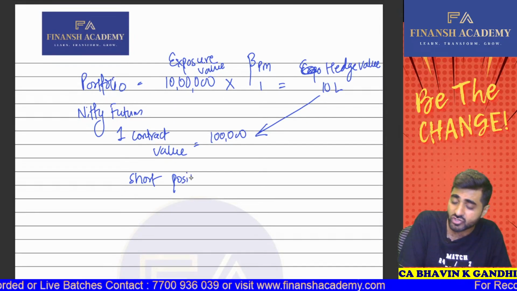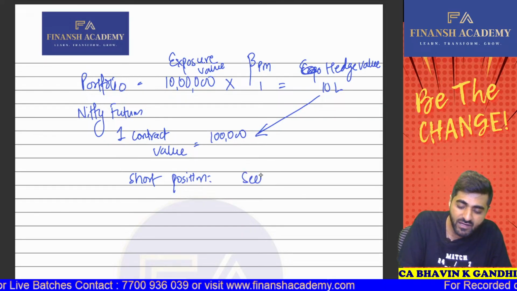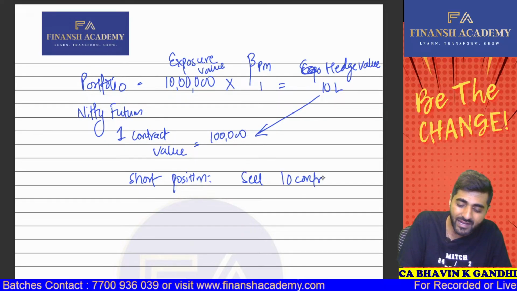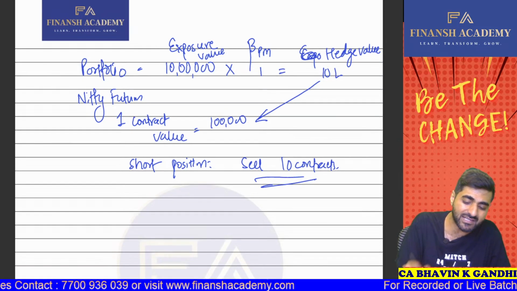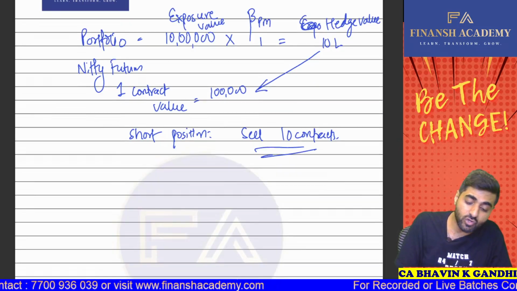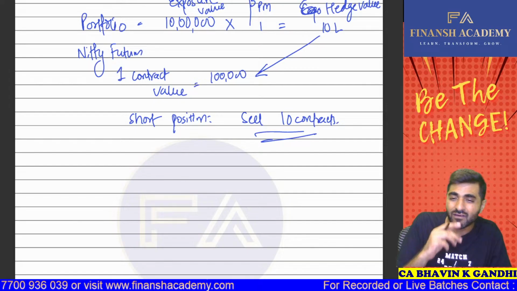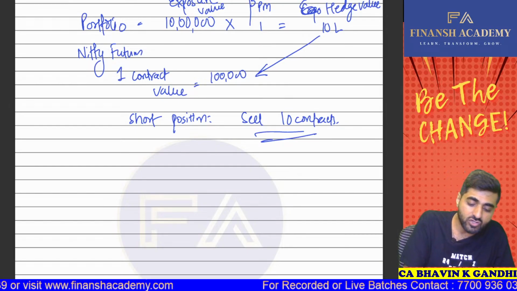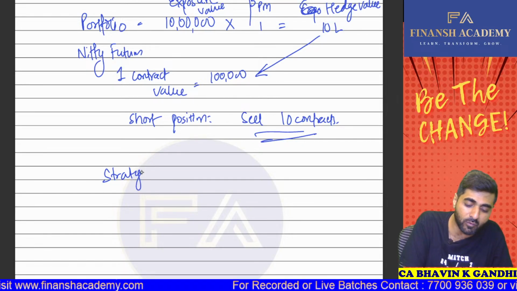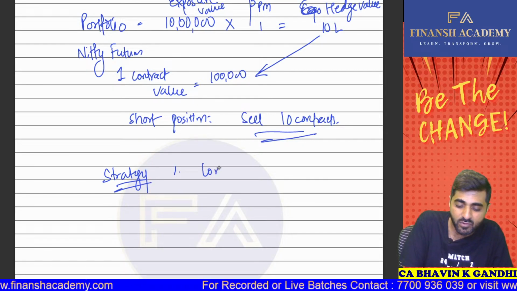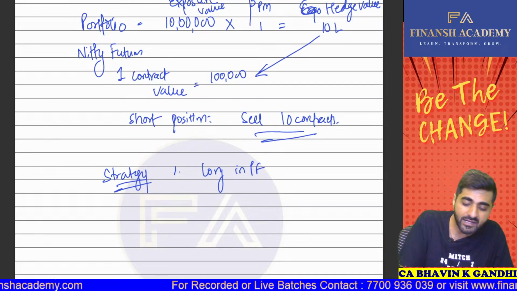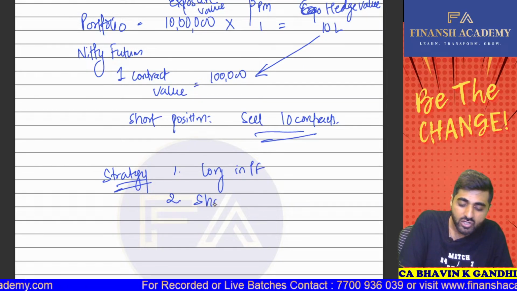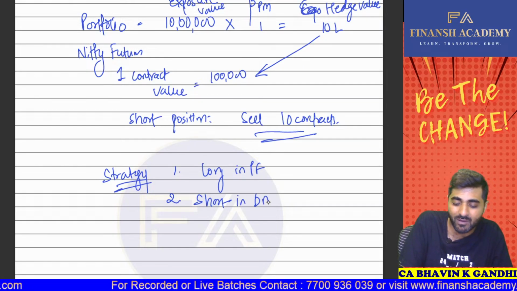How will I enter into a short position, my dear students? I will be selling 10 contracts of Nifty. Because the value of one contract is 1 lakh rupees, I'll be short selling 10 contracts of Nifty. So what is the strategy to hedge the portfolio? The strategy is I'm long in the portfolio and now I will be entering into a short position in the derivative market.